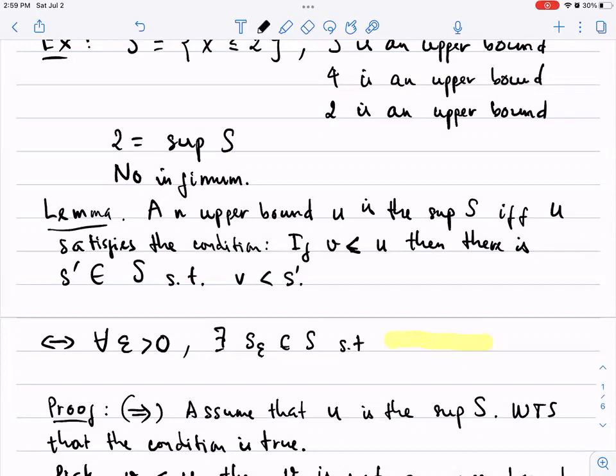Is this equivalent to the following statement? For any number epsilon greater than 0, there exists some number s, probably depending on epsilon, inside this set capital S such that U minus epsilon is smaller than this number s depending on epsilon.